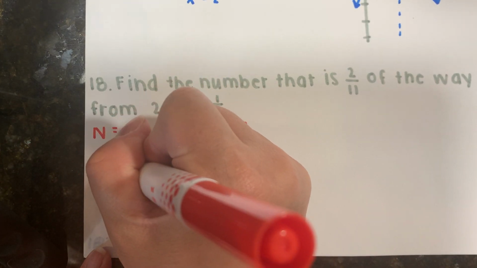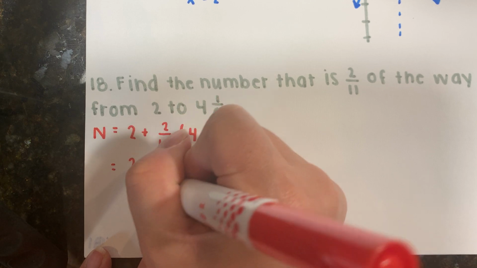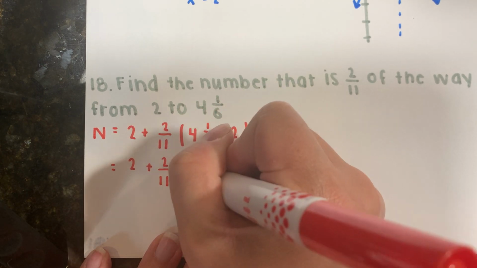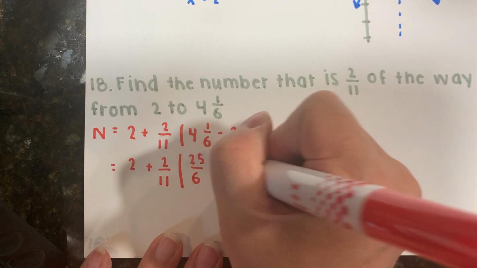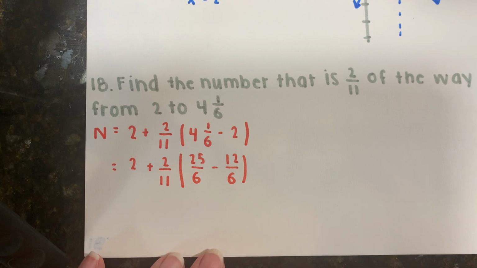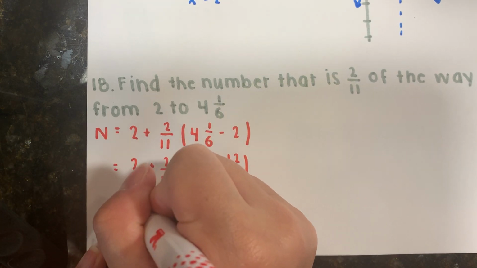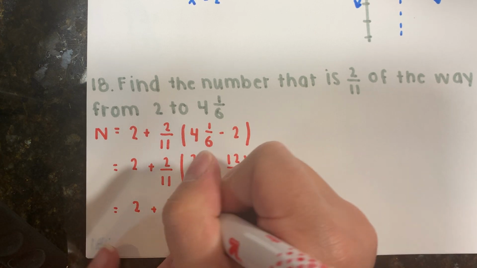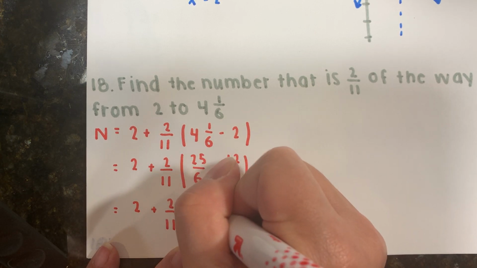I'm going to make this into improper fractions. So I'll just leave it 2, and then 2 over 11. So it'd be 25 over 6 minus 12 over 6. You just make a common denominator. Then it's going to be 2 plus 2/11ths times 13 over 6.